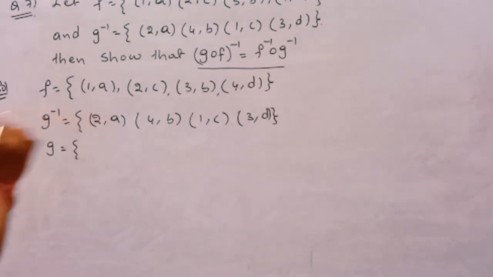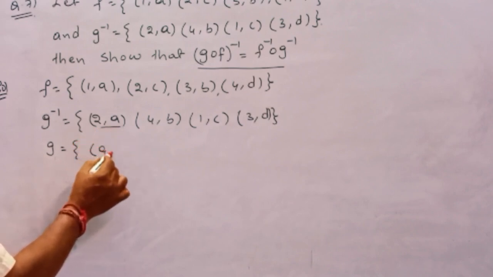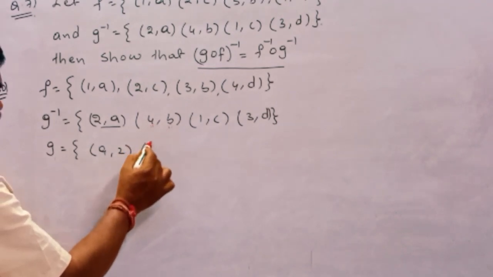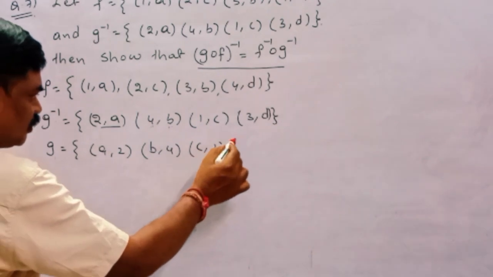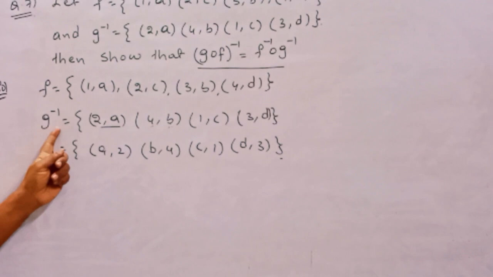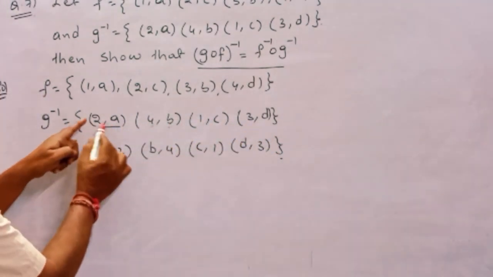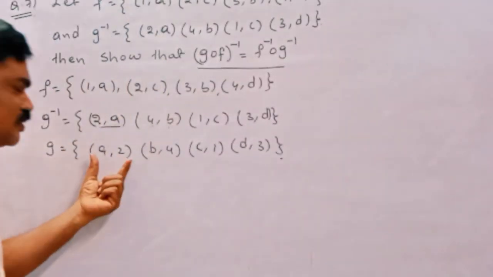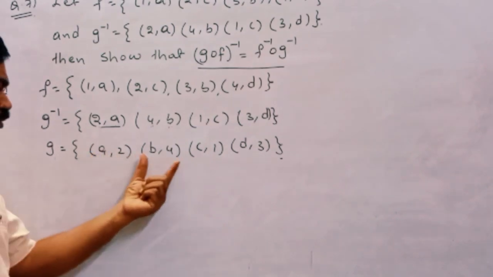G inverse is given like this, and G is the ordered pairs (A, 2), (B, 4), (C, 1), (D, 3). These are interchanged. So G inverse is this one, and G is obtained by interchanging the two elements in each ordered pair.